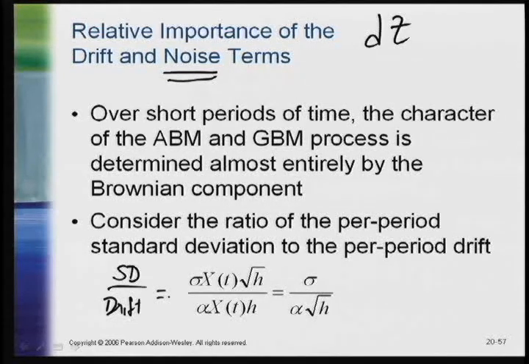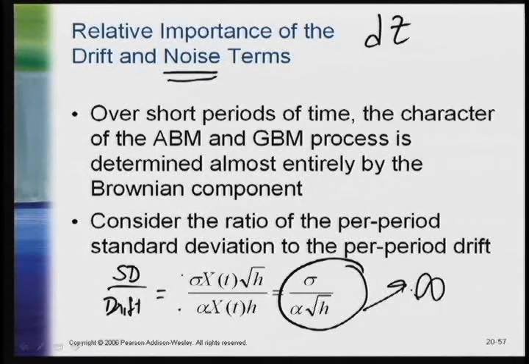And so you can see why, if I take the ratio of the standard deviation term to the drift term, I get an expression which blows up, namely that the standard deviation becomes infinitely more influential on the movements of a stochastic process than does the drift as h gets smaller and smaller.